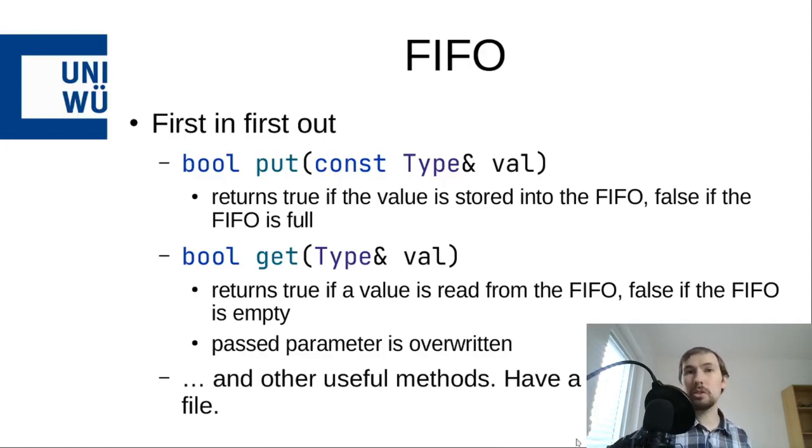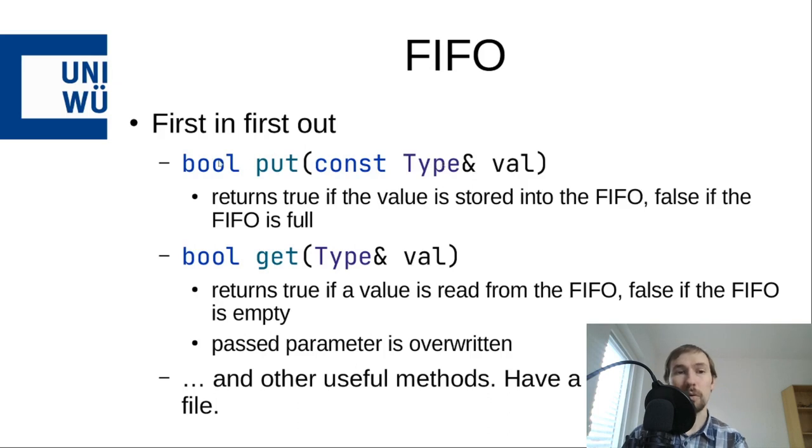If you want to put data into a FIFO, just call this put method. There is only one parameter, which is the value that should be stored into the FIFO. The type is the type that you specified in the template parameter.